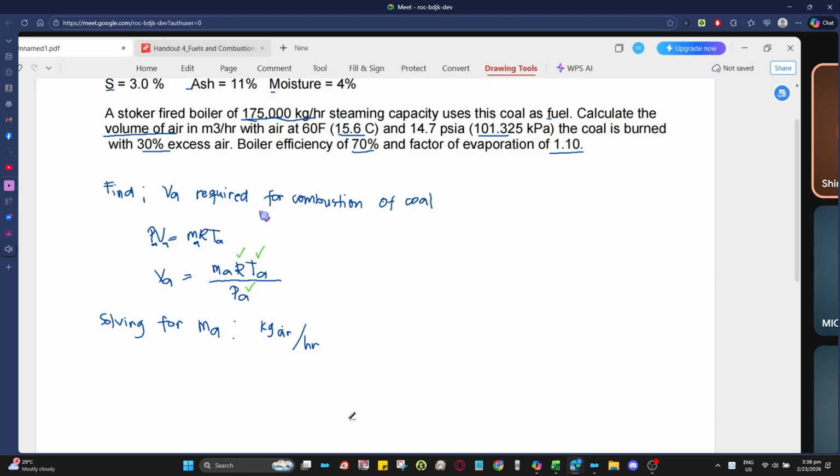So mass, sumingon tawag MA, mao ni siya amount of air required for the combustion of fuel.